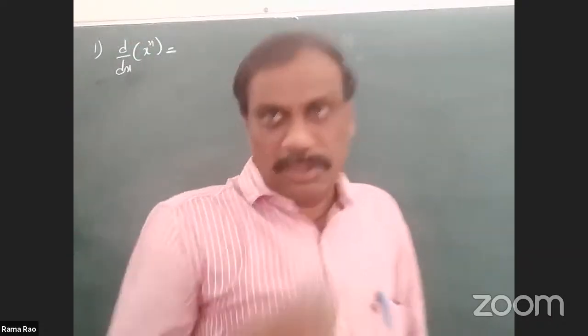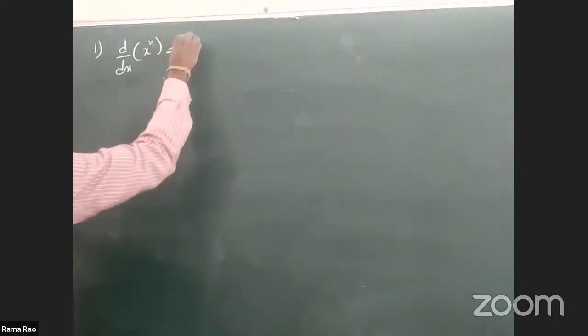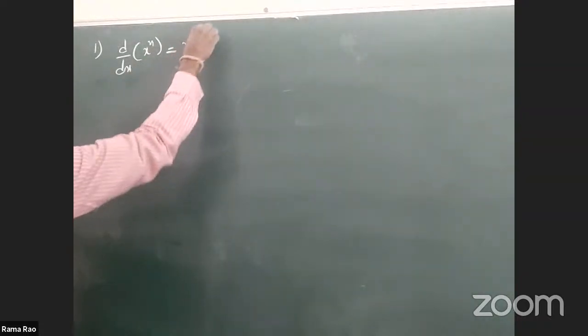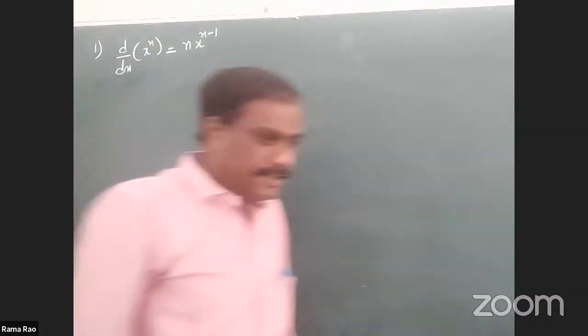Number 1: d by dx of x to the power of n is n into x to the power of n minus 1. Now, I am clear.